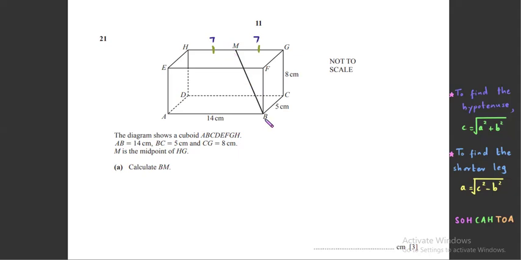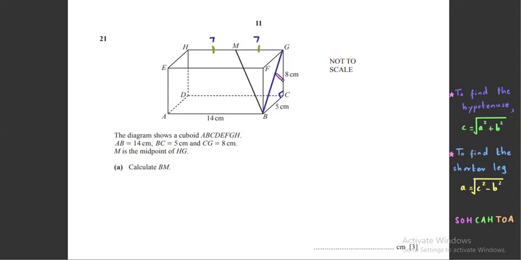Now we need to calculate what BM is. To find BM, we are going to do it this way. We are going to find the distance from B to G. This BG is going to be the hypotenuse of triangle BCG.